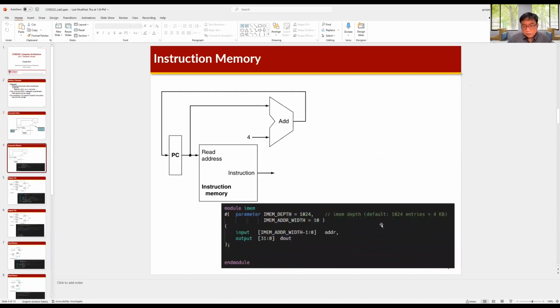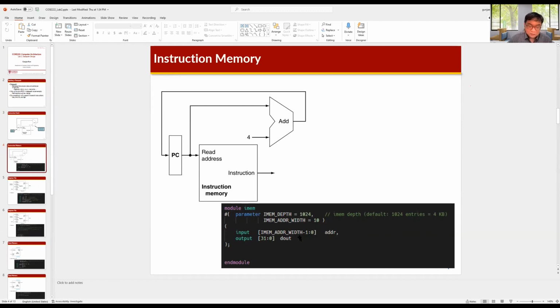As I mentioned, if you see this figure, you can find that the instruction memory just has 2 ports: one input port for the read address, and one output port for the instruction. I believe I provided the skeleton code for the data path elements, right?